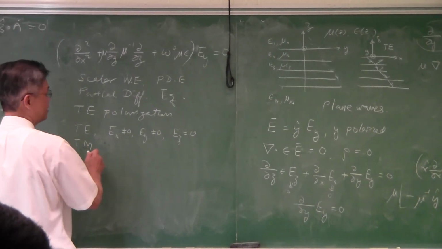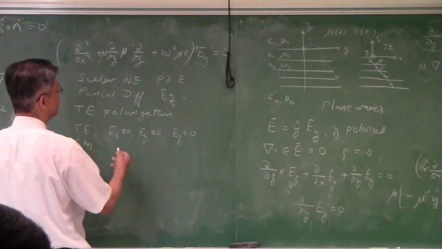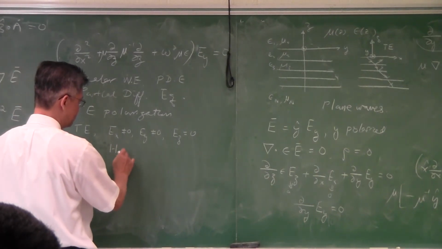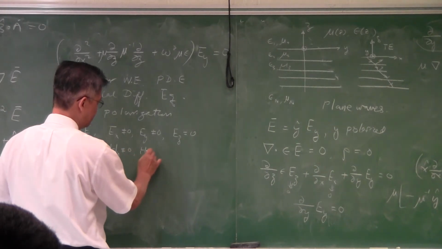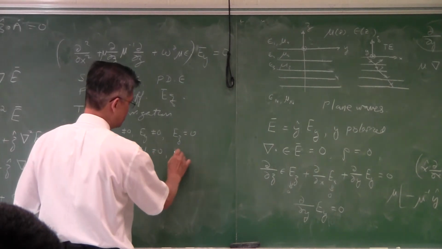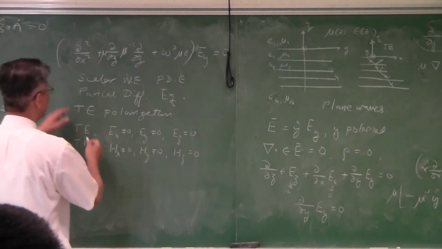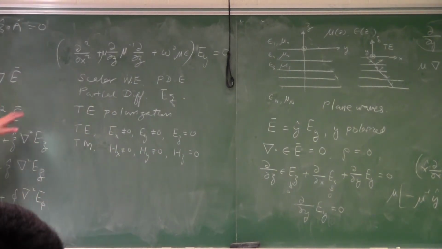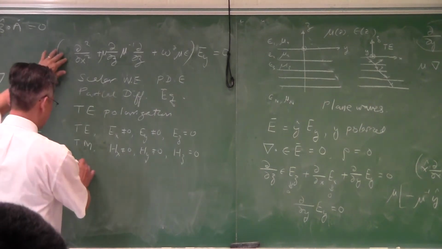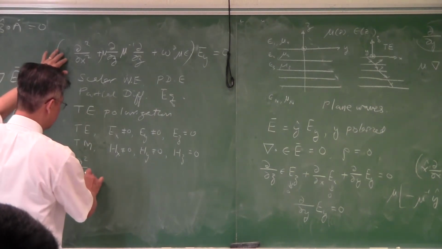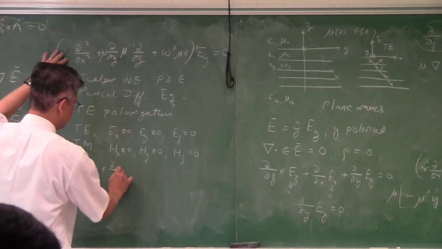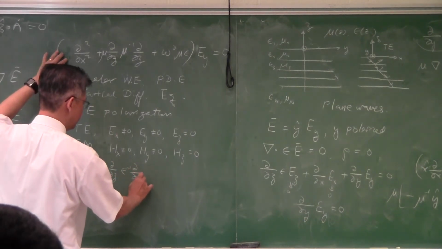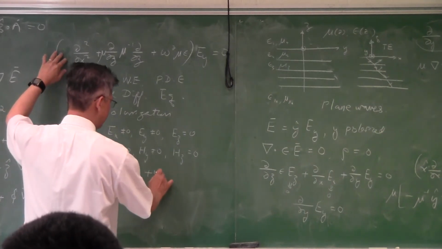For the TM polarization, you can go through the same analysis and arrive at the fact that Hx must not be 0, Hy must not be 0, Hz equal to 0. And by the same token, you can go through the same analysis, start with the vector wave equation for the magnetic field, and arrive at an equation that looks very similar to this, which of course you can also derive using duality principle.